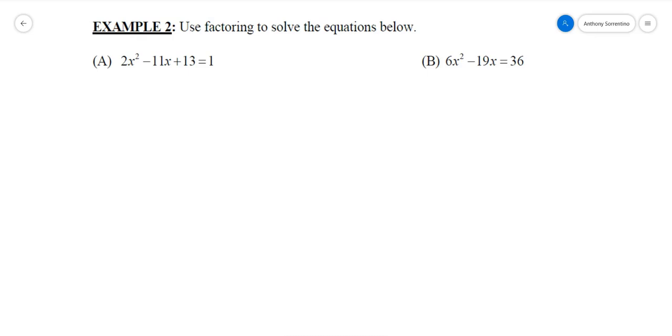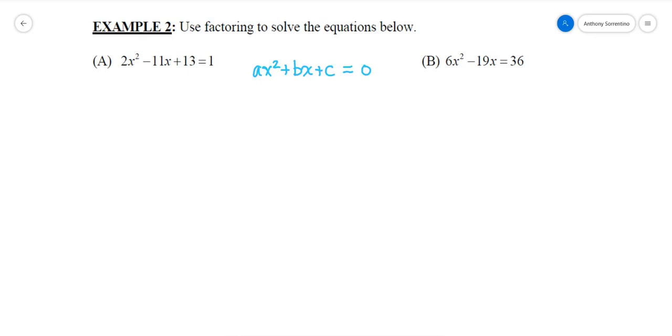For the factoring method, I have to have a situation where the problem is written in the format ax squared plus bx plus c equaling 0. It has to be set equal to 0 because the factoring method uses the zero product property.